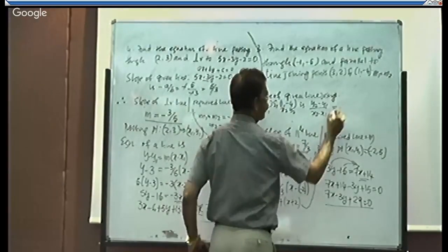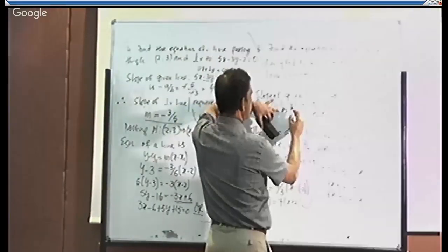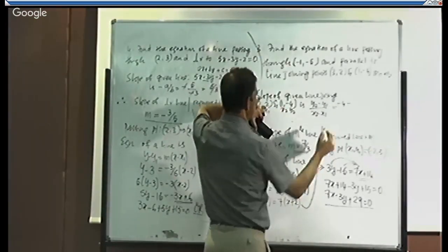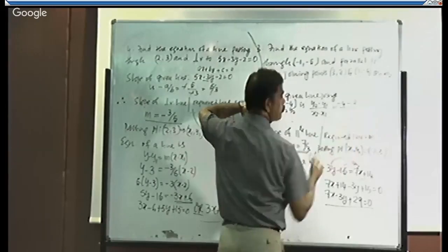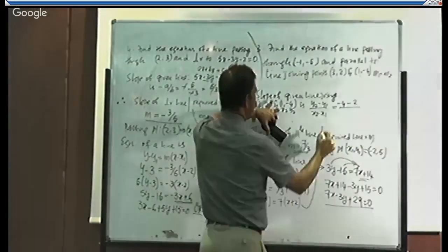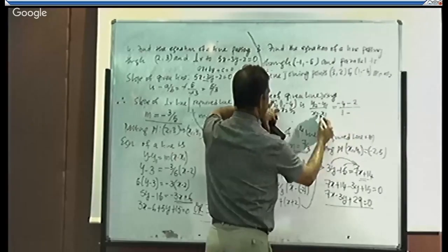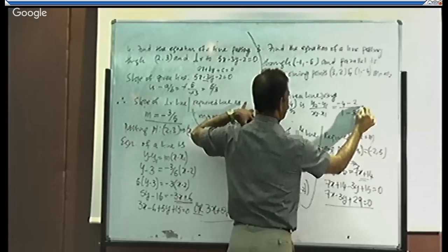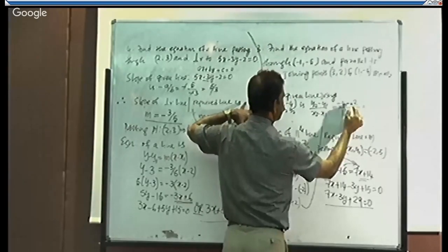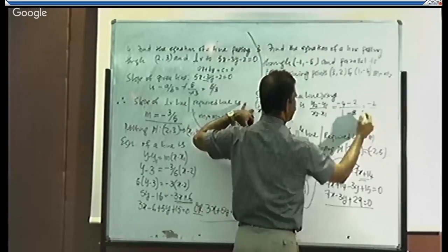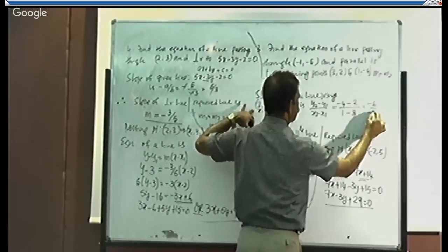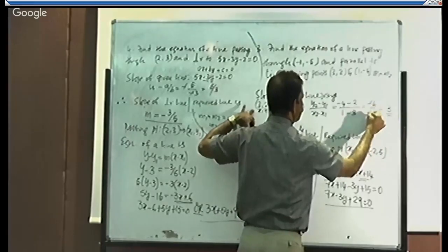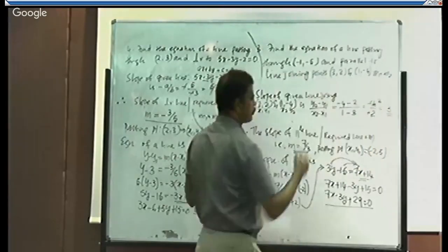That is equal to, you take y2, which is minus 4, minus y1, what is y1? 2, divided by x2, which is 1, minus x1, which is 3. So finally minus 4 minus 2 is minus 6, divided by 1 minus 3, which is minus 2. Hence it is 3, the minus cancels, and 2 threes are 6.